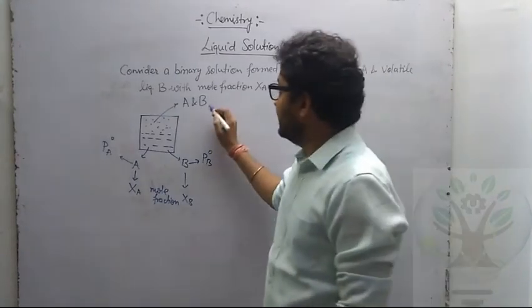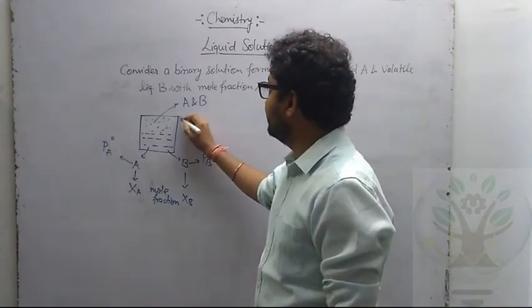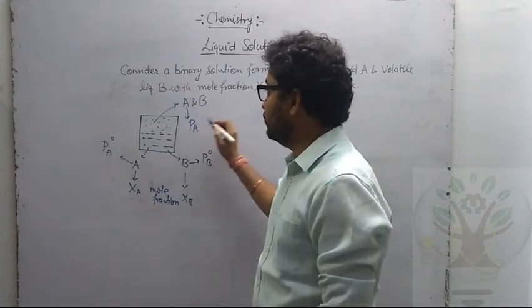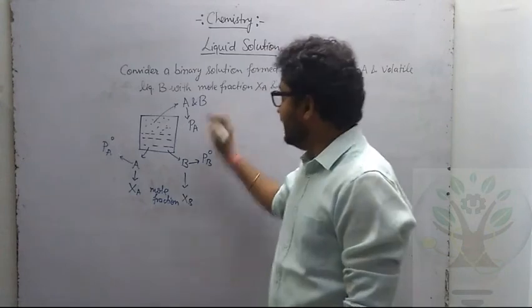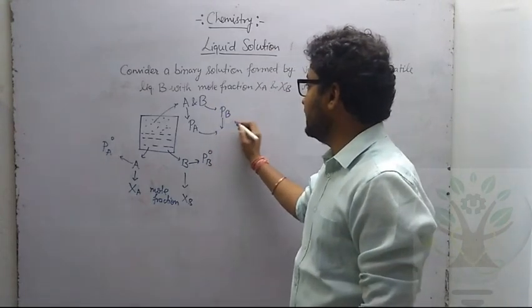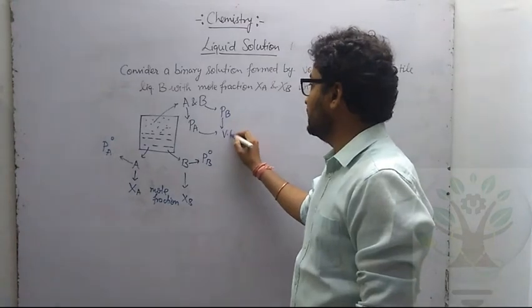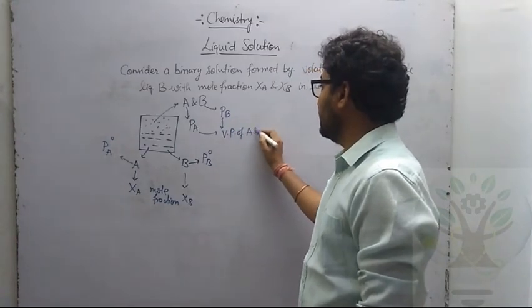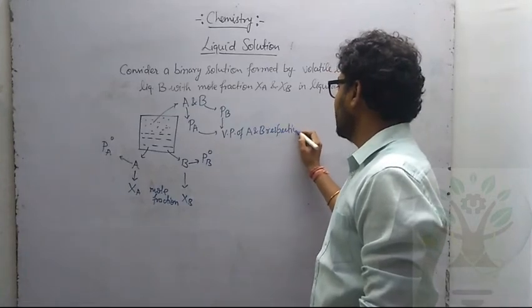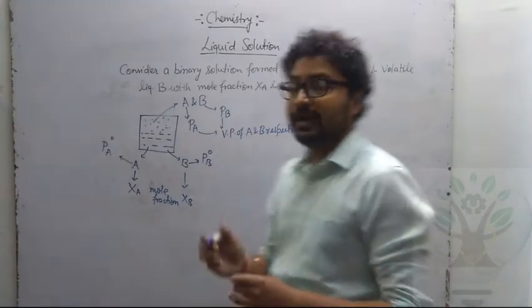Okay. Let's say the vapor pressure due to A is PA and the pressure created by B is PB. What are PA and PB? PA and PB are the vapor pressures of A and B respectively. I don't know what the actual pressure is.